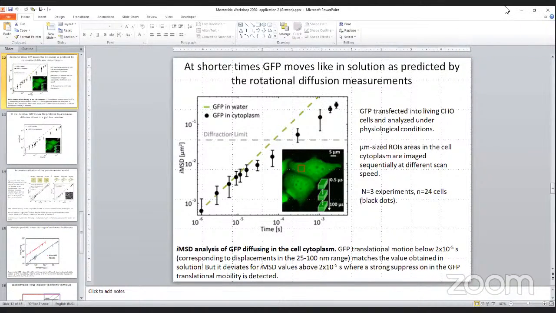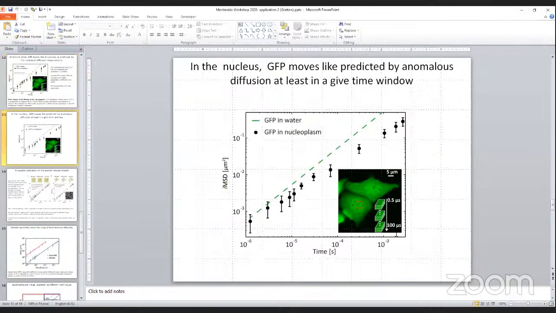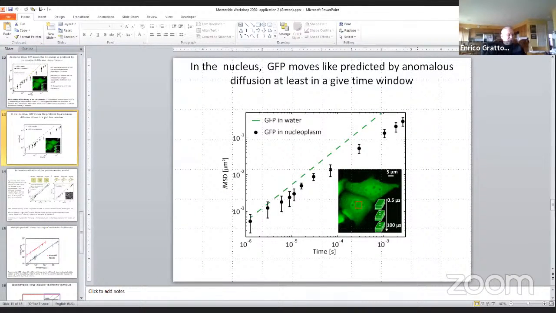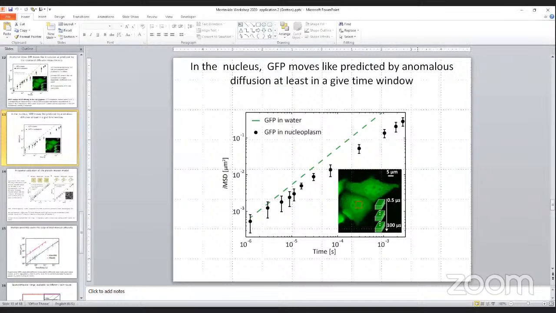Okay, Enrico, let's move on to the last talk. Okay, let me see if I can. So last talk was my presentation, application number 3. What is that? Okay, that was the one it was supposed to be. You have to replace the screen that you are sharing.